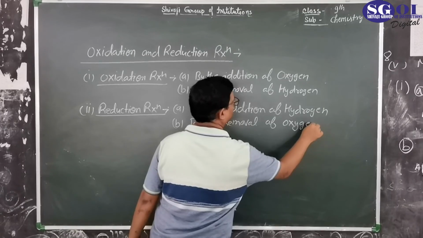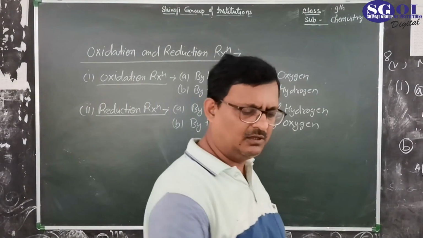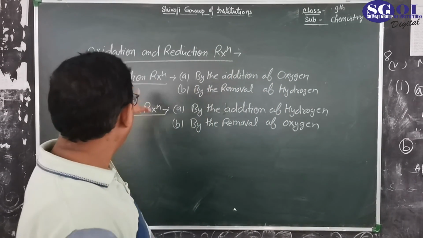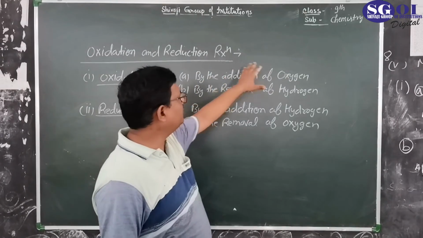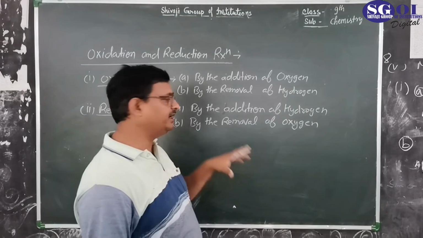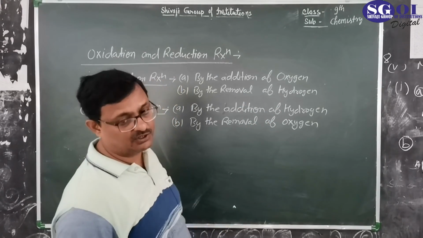This definition was also discussed in the previous chapter, I think in the first chapter. So once more: addition of oxygen or removal of hydrogen is known as an oxidation reaction, and addition of hydrogen or removal of oxygen is known as a reduction reaction.